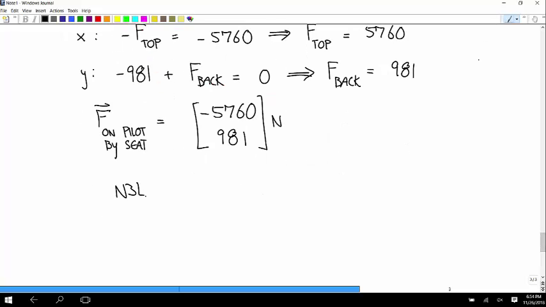So Newton's third law says the force on the seat by the pilot is, just take the opposite sign for each one of the components. So positive 5760, negative 981.